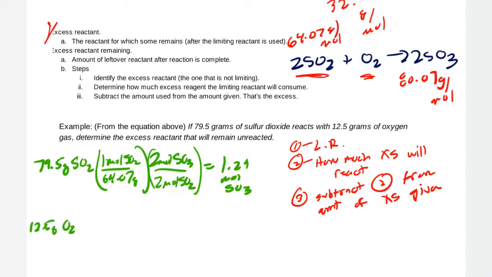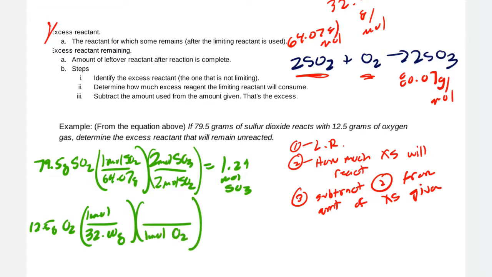Now let's do the same thing with 12.5 grams of oxygen. Convert those grams to moles. Use the ratio from the equation. 1 mole of O2 makes 2 moles of sulfur trioxide. Pardon me while I calculate.